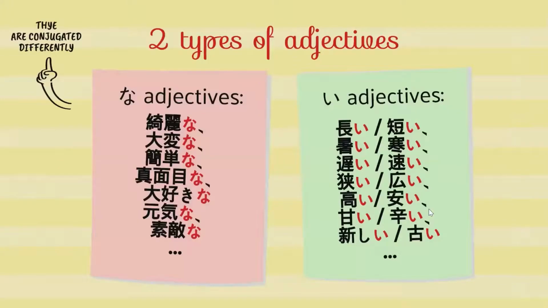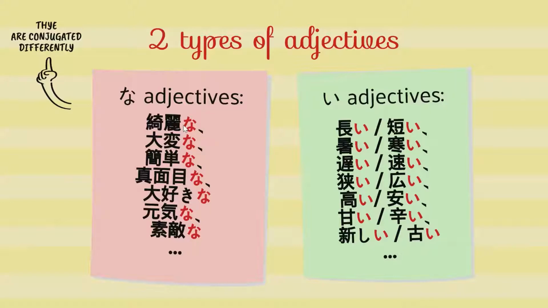First of all, let's have a revision on the types of adjectives in Japanese. There are two types of adjectives in Japanese, namely na adjectives and i adjectives. Na adjectives end with na. For example, きれいな, 大変な.